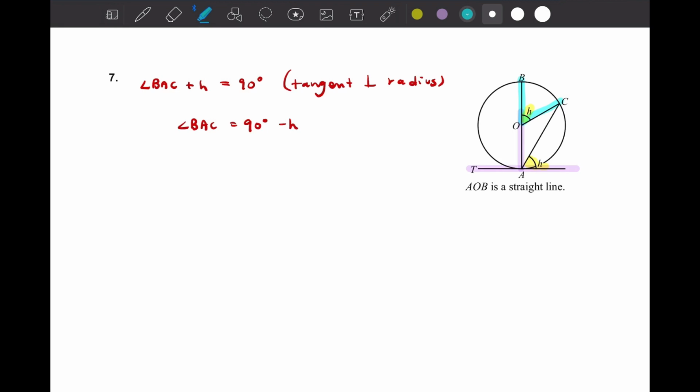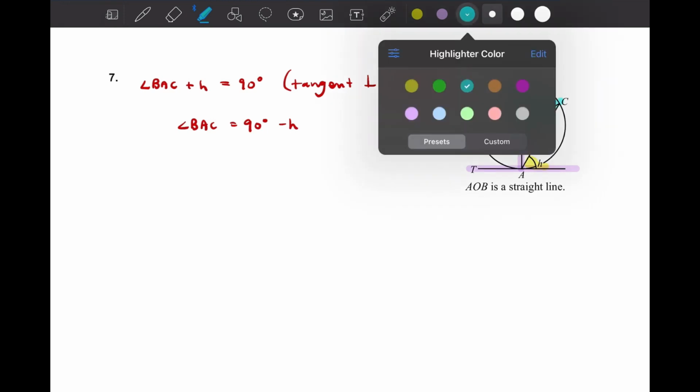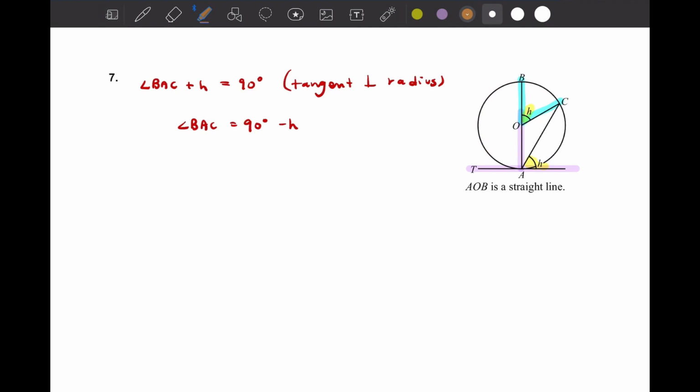This BOC here is your angle at the center. And therefore, let's see if you can see any angle at the circumference. Because you know the angle at the center is twice the angle at the circumference. So in this case, we should be looking at this one.